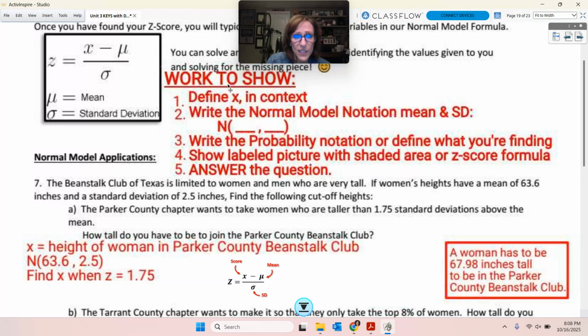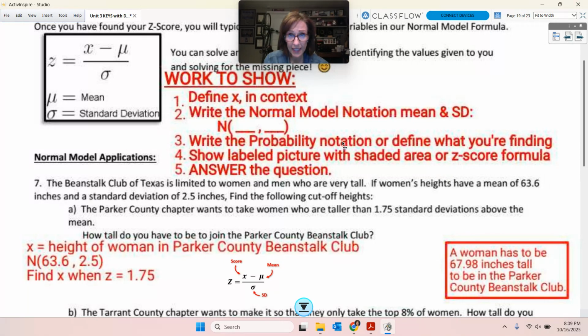So what we're going to do is define x. X is the height of a woman in the Parker County Beanstalk Club. The Parker County chapter wants to take women who are taller than 1.75 standard deviations above the mean. So first thing, define x. Second thing, write out the normal model notation of what I'm dealing with: a normal model with a mean of 63.6 and a standard deviation of 2.5. And then number three, either you're writing that probability notation, P of whatever it is you're finding.